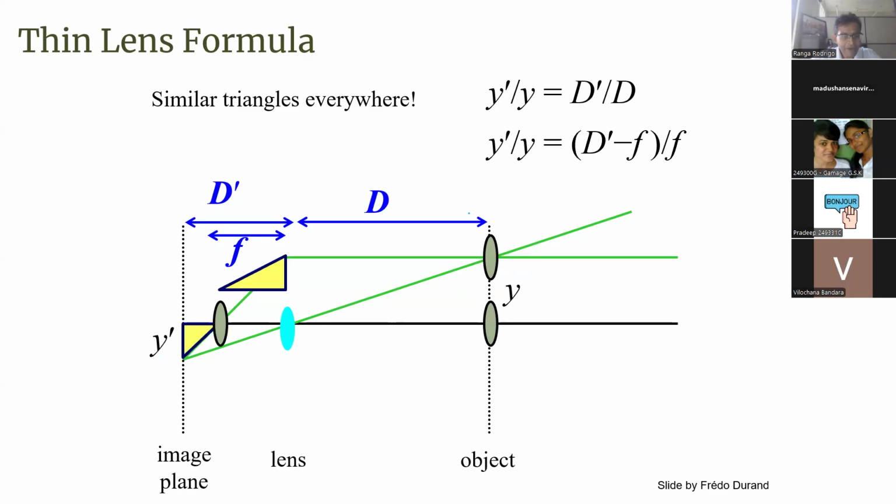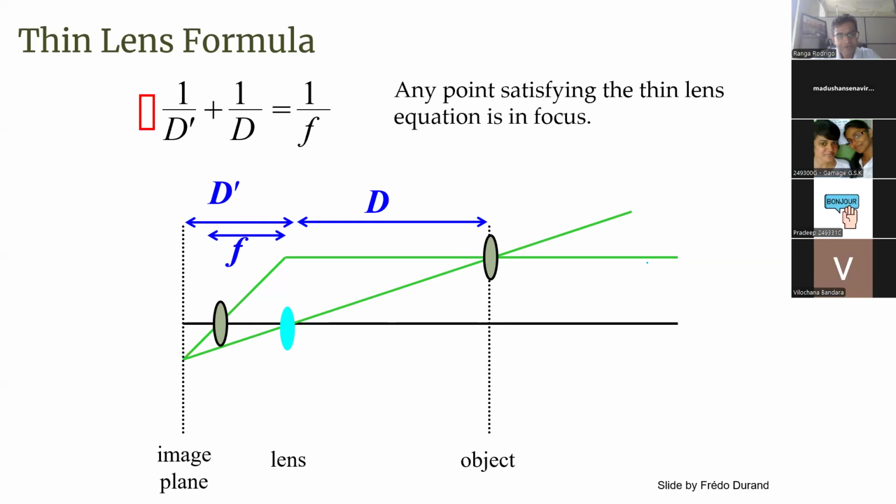So y prime divided by y is equal to d prime minus f, this distance, divided by f, this distance. You can see that this is the same height as y. So using these two formulas, you can obtain this famous thin lens equation: 1 over d prime plus 1 over d is equal to 1 over f.